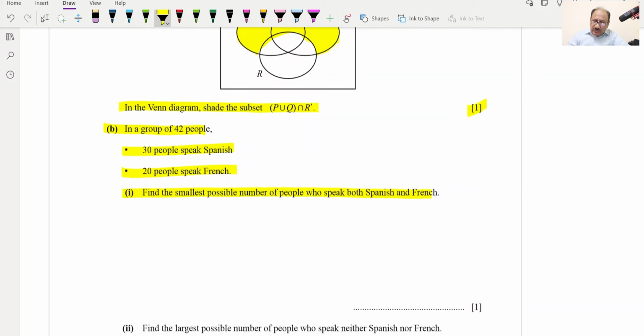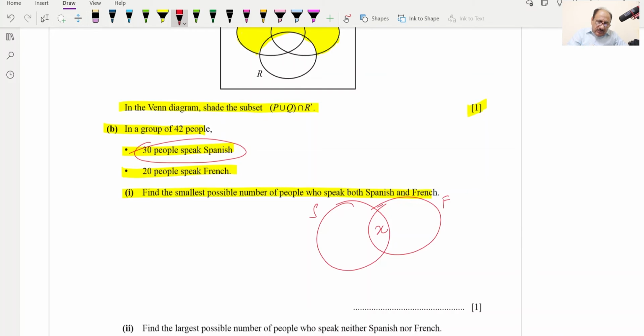So what we can do, roughly, if I draw 2 circles like this, this is Spanish and this is French. 30 people are in S, so there is something common.